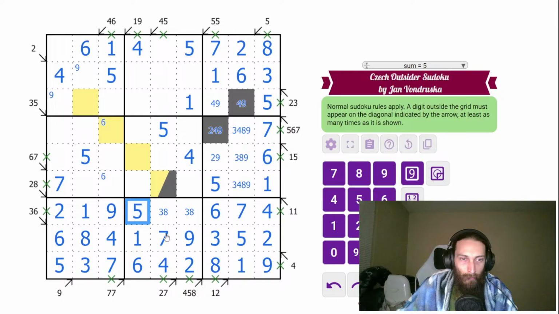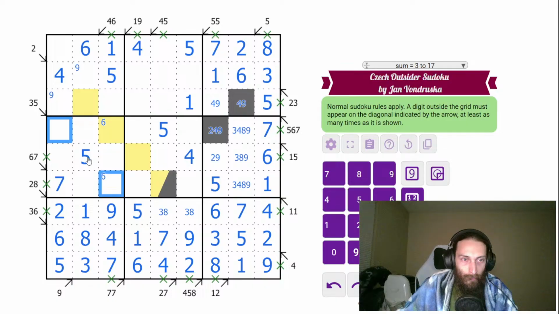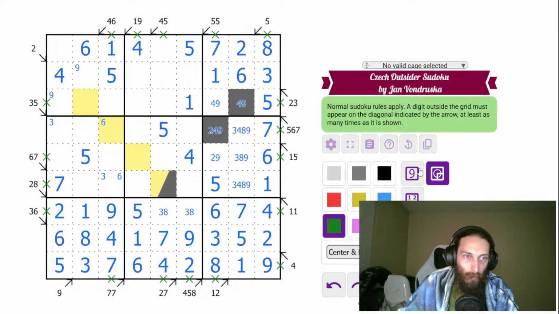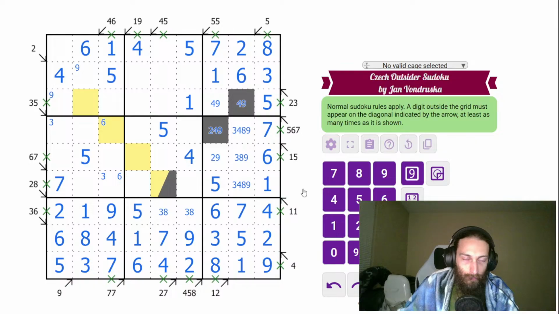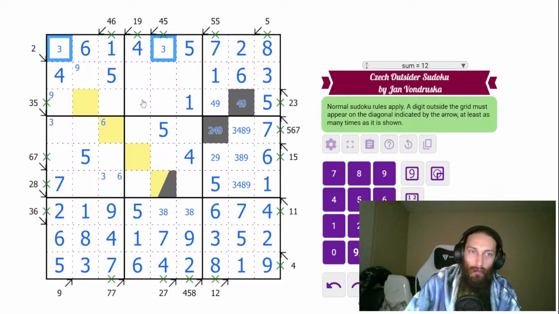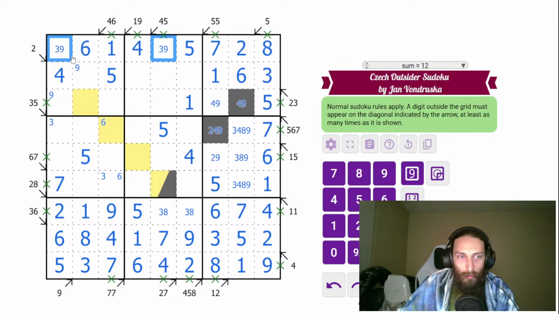Okay. Now the 3, 5 diagonal from the left, the second one down. The 3 has to go in box 4, which makes this more or less done. 3, 9. But the 9 can't go here because the 9 has to be one of those two.